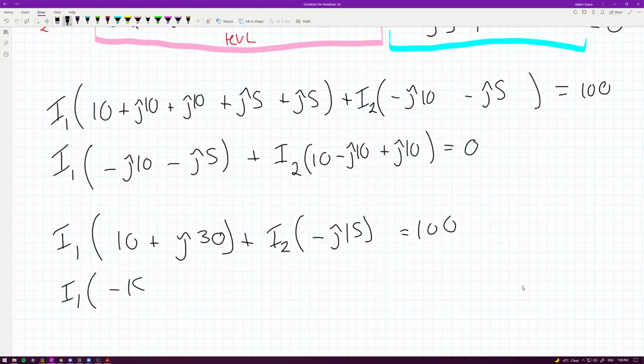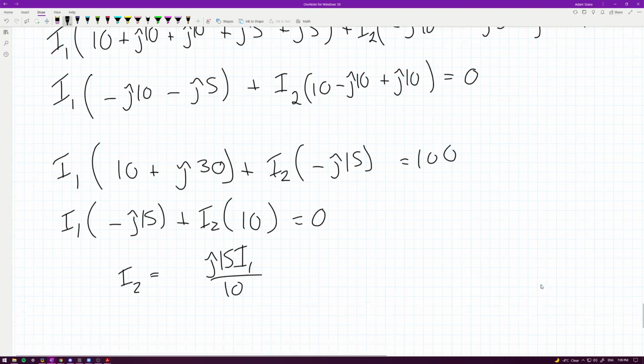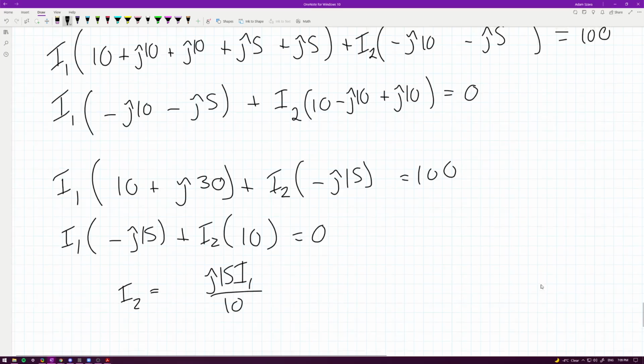Then I1 times negative J15 plus I2 times 10 equals 0. So I'll rearrange for I2 here. I2 is going to be J15 I1 over 10. That should work, I think. Yeah, that looks right to me.